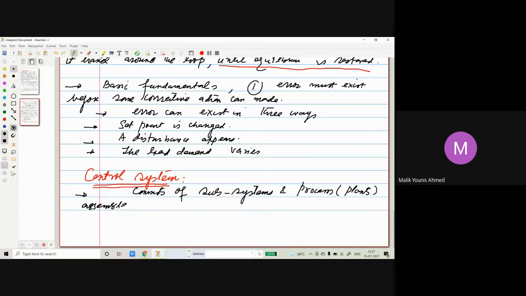These all are assembled for the purpose of what? What is the objective? For the purpose of obtaining a desired output with desired performance.